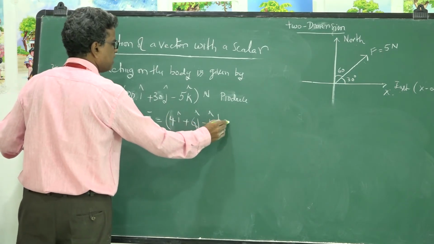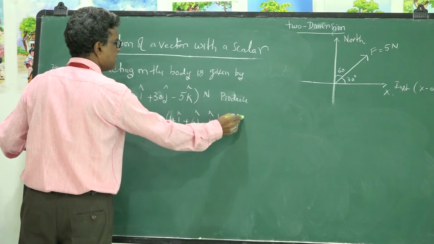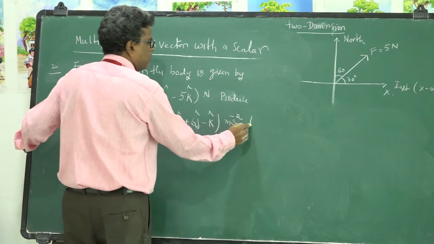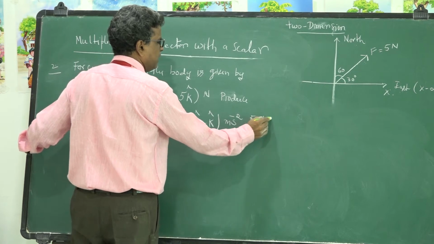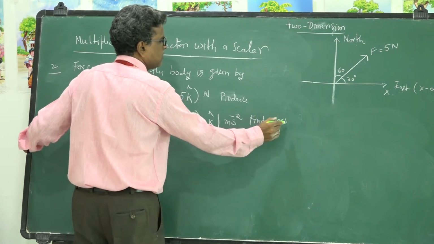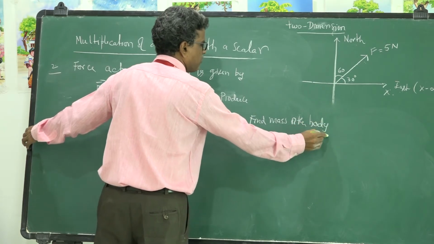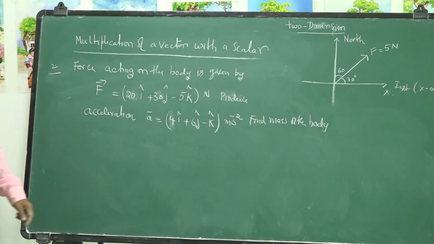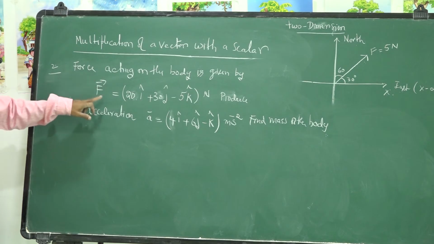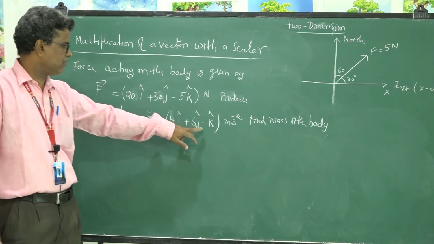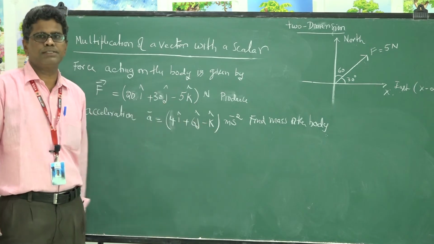Units are meters per second squared. Find the mass of the body. So this is the problem: the force acting on the body and the acceleration are given, we want the mass.